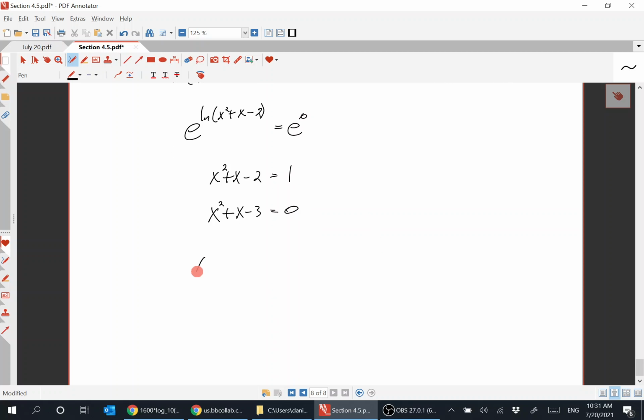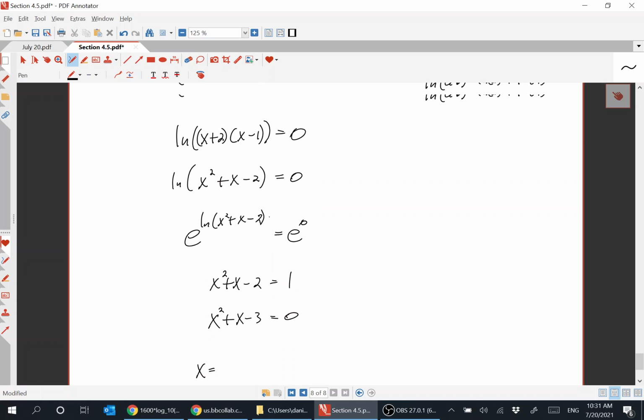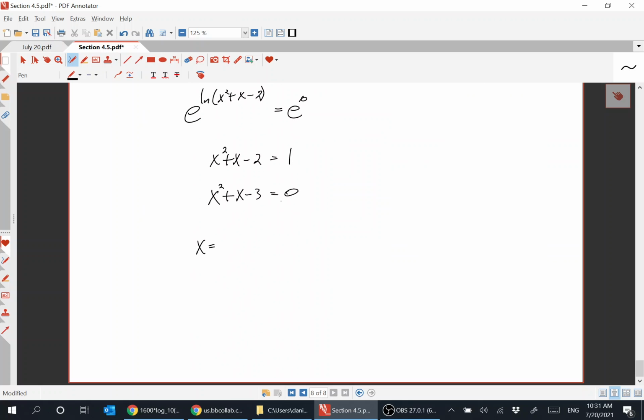And then as before, we have that x is equal to minus 1 plus root 13 over 2, or minus 1 minus root 13 over 2.